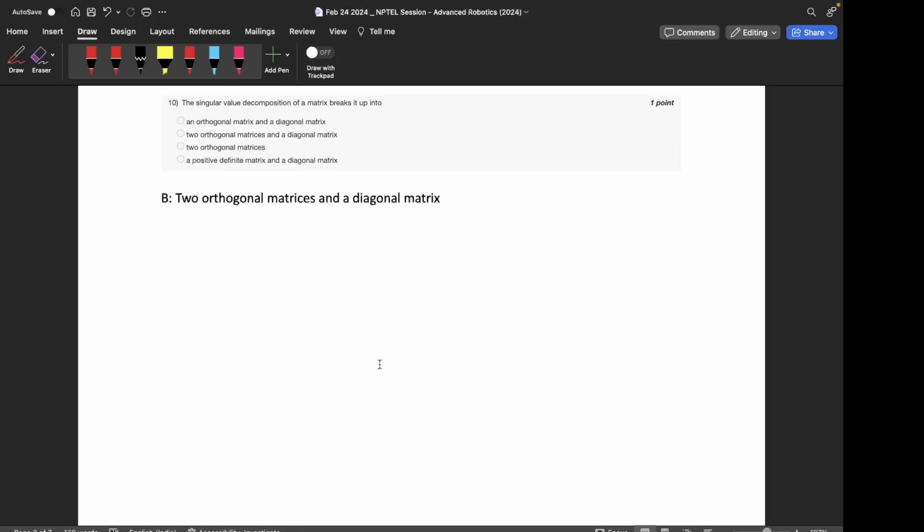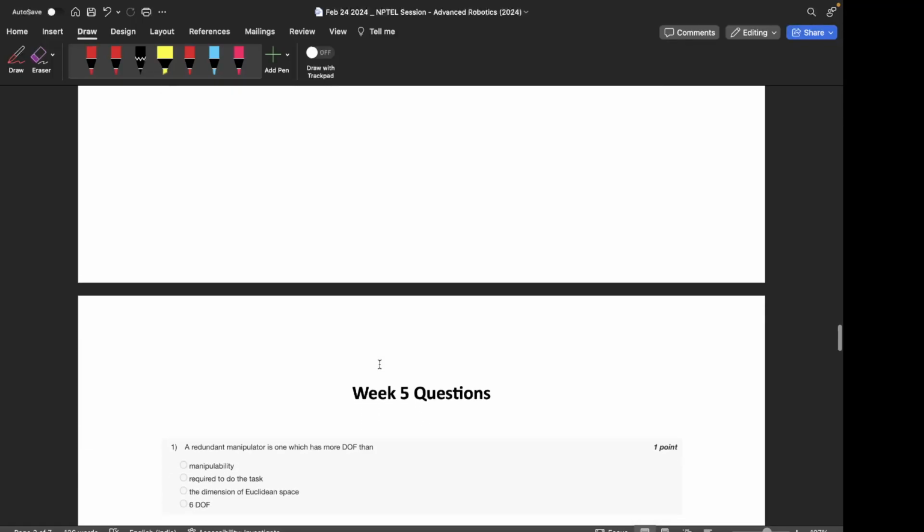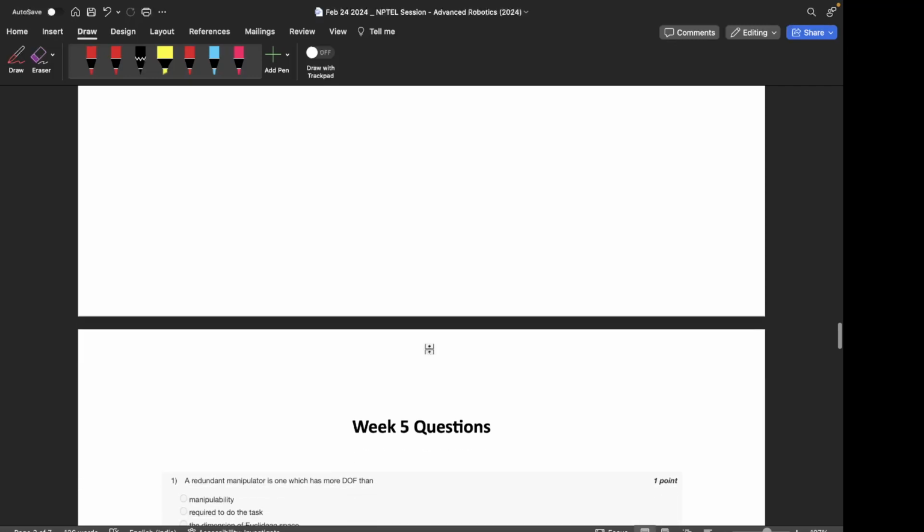So the orthogonal matrices correspond to the rotation operation of the original matrix, and the diagonal matrix corresponds to the scaling operation of the original matrix. All right. So these are the questions on concepts of week 4. Now let's see a few questions on concepts from week 5.